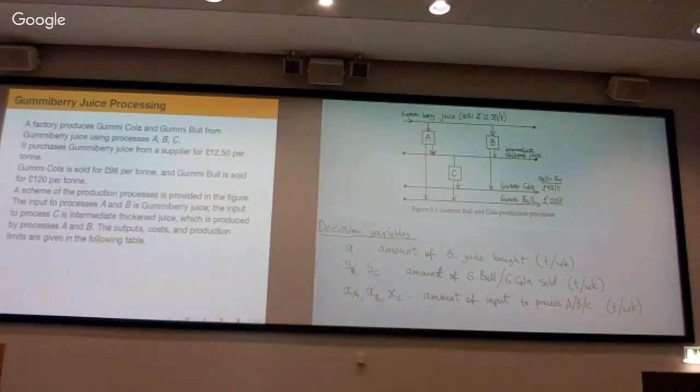Do you want any other decision variables?